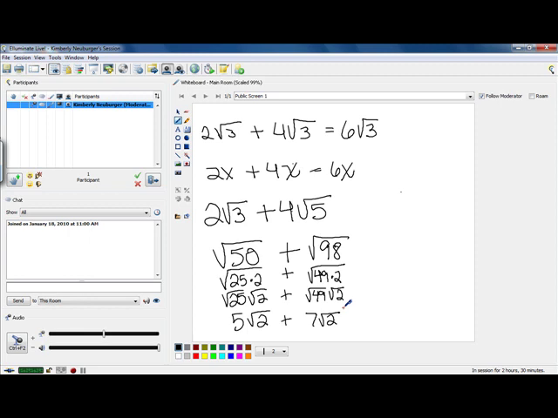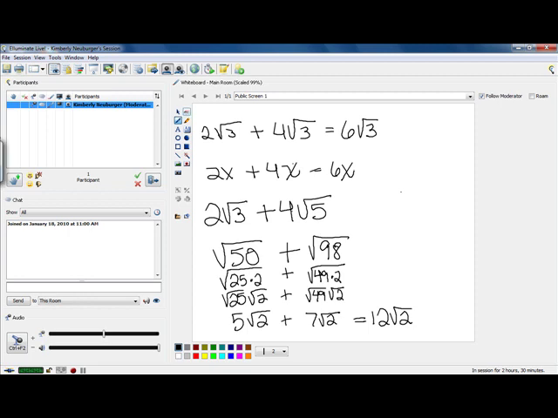Notice that once we simplify, these actually do match. And so now we can actually combine them, adding the 5 and the 7, we get 12 square root of 2. So be careful to make sure that you simplify using what we just learned before you add, because you might have things that look like they can't be added, but yet they actually can.